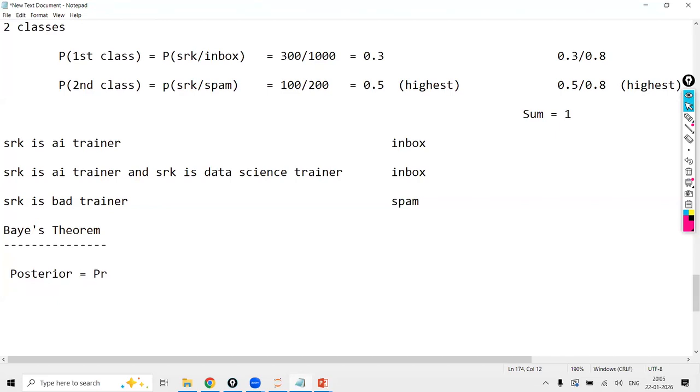The concept remains the same, don't worry, the words are new. Posterior probability is equal to prior probability into likelihood.